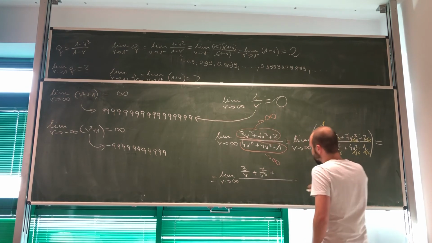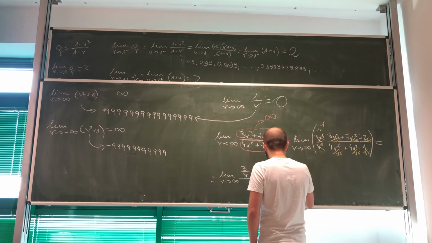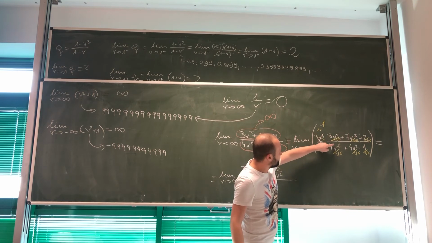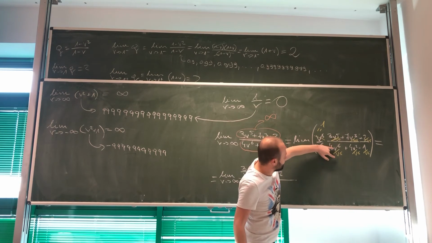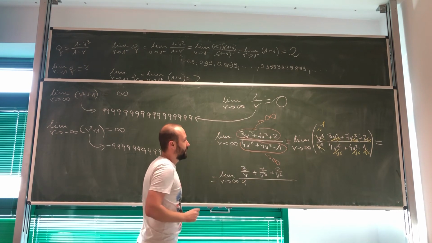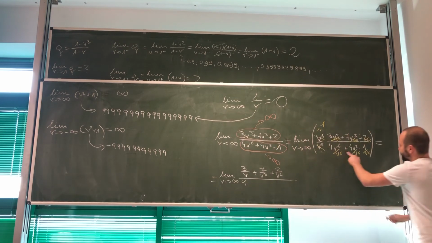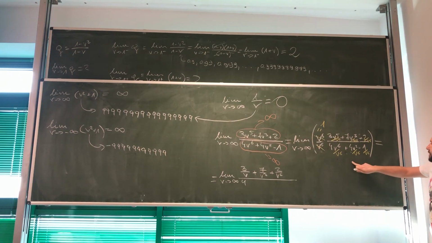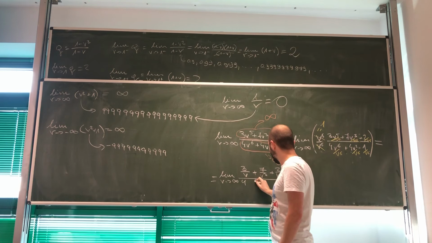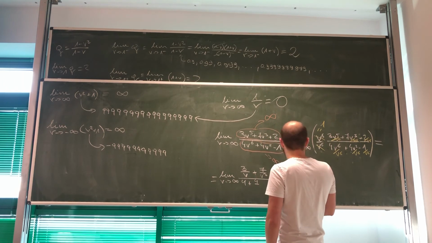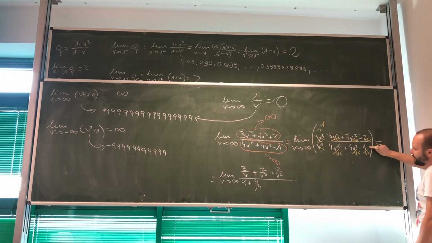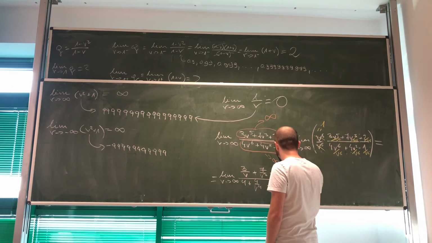And here we just get 2 divided by v to the power of 6. Over here, 4 times v to the power of 6 divided by v to the power of 6 gives us 1, so we just get 4. Now over here we've got 4 times v to the power of 2 divided by v to the power of 6, which is 4 divided by v to the power of 4. Finally, we've got minus 1 over v to the power of 6.